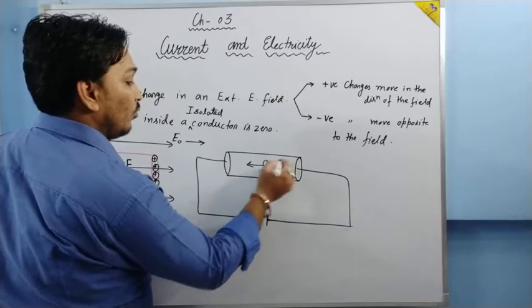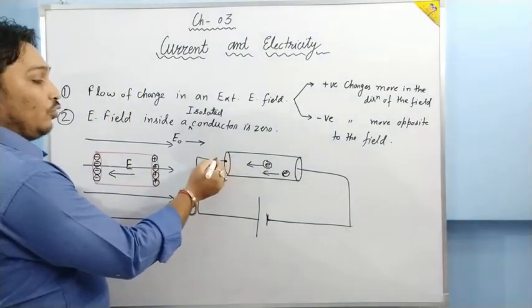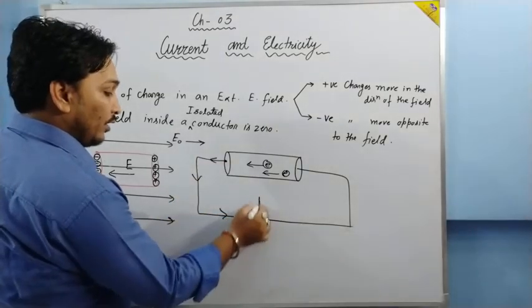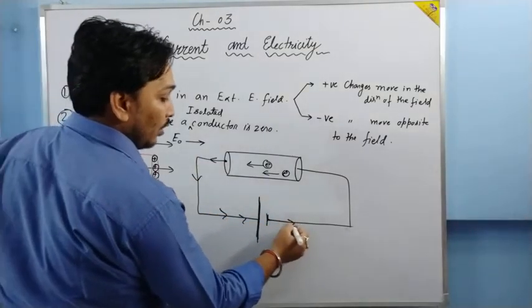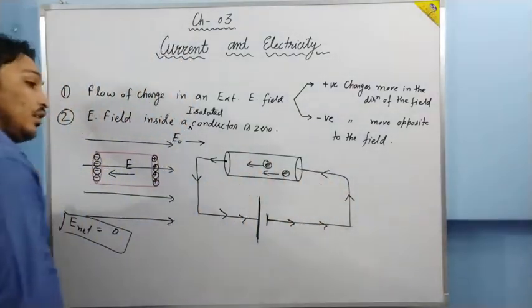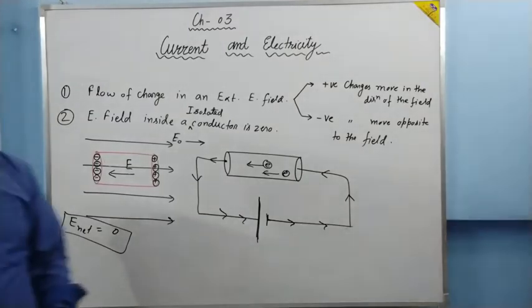And if electrons move toward this side, here they do not accumulate. They keep on moving to the positive terminal of the battery. And from here, the negative charges will keep on moving inside the conductor. So we have a continuous flow of electrons, which is called electric current.